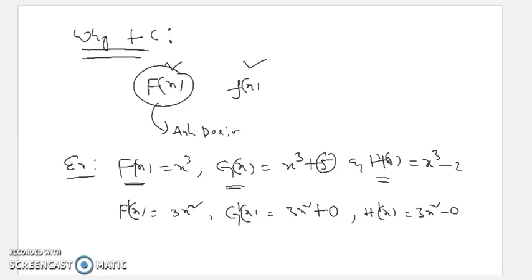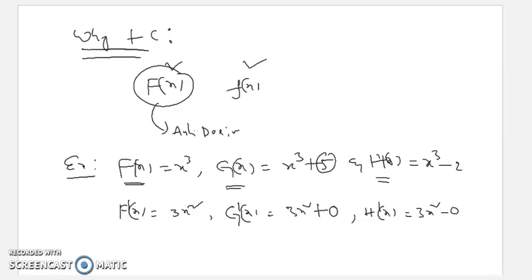Constant function derivative is always 0. So it is clear that these functions differ only by some constant value, and that the derivative of a constant value is always 0.